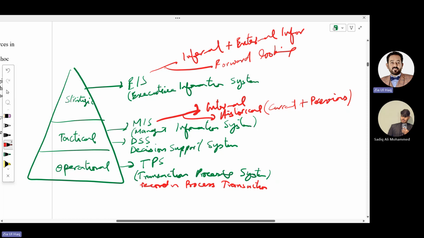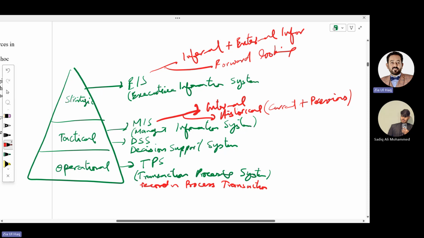It provides reports taken through TPS, and it's historical based, meaning providing current as well as previous data. While EIS is a system used by top management for making long-term plans, and EIS is internal as well as external focused and is forward looking rather than historical.